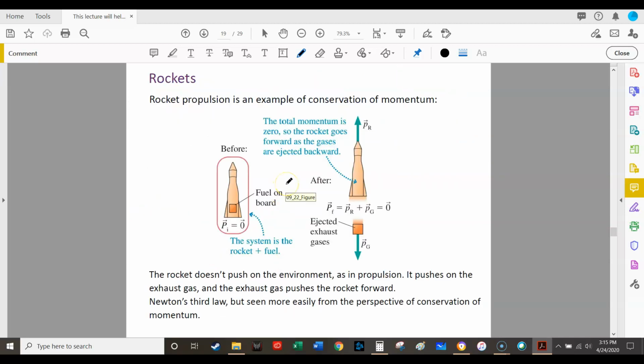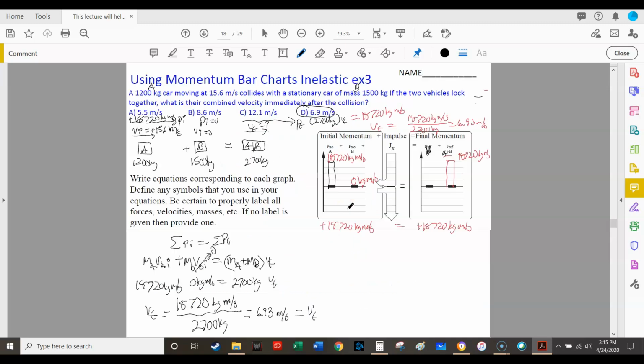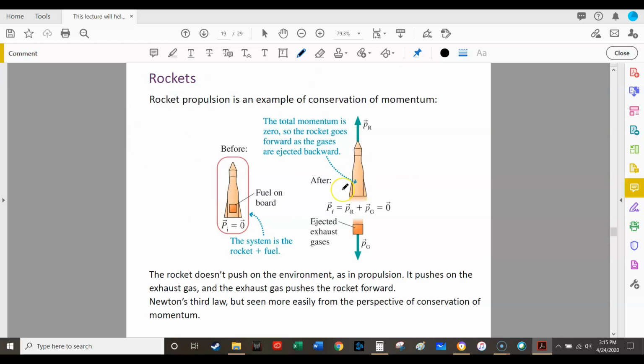So that's one type of inelastic collision, when you have two objects separated and then they hit and combine. There's another type of inelastic collision where the two objects are together in the beginning, right here, and then afterwards they're separating. So it's almost the reverse of this. This is essentially an explosion. A rocket flying up in the air is basically just an explosion, right?